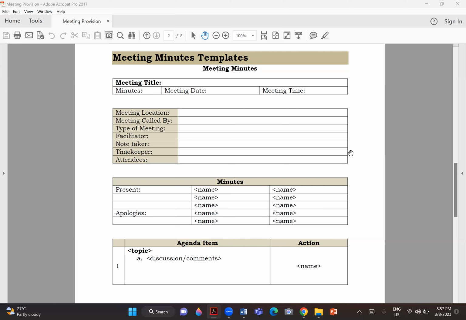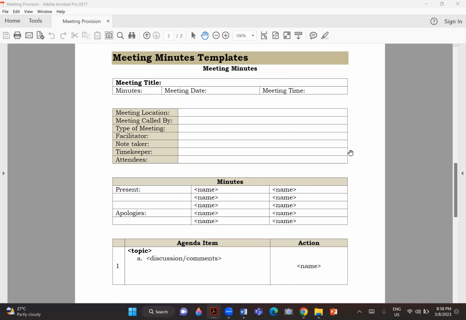So anyone who's comparing the meeting agenda versus the meeting minutes should see the same information reflected in the first and second section. Now, moving into the minutes, we need definitely to specify who attended versus who apologized.